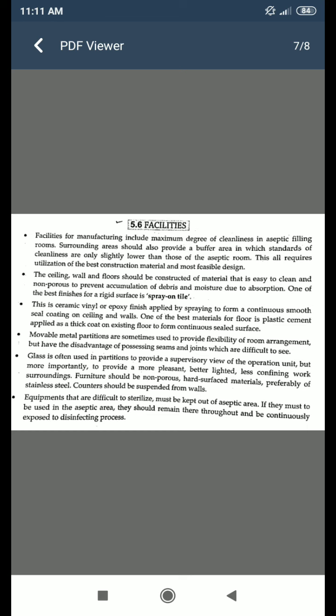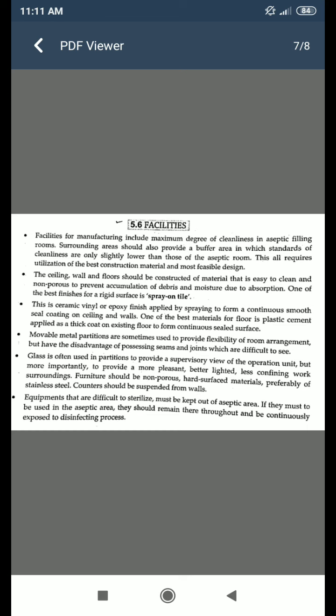form a continuous sealed surface. Then movable metal partitions are sometimes used to provide flexibility of room arrangement but have the disadvantage of possessing seams and joints which are difficult to see.